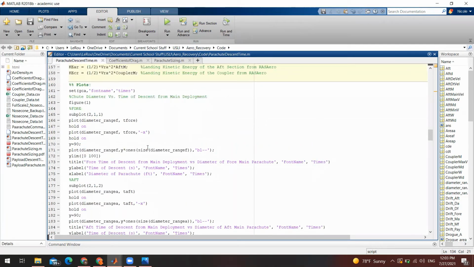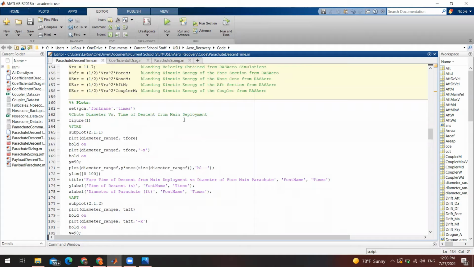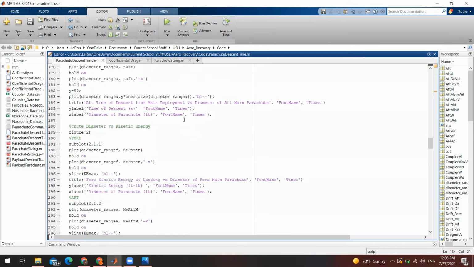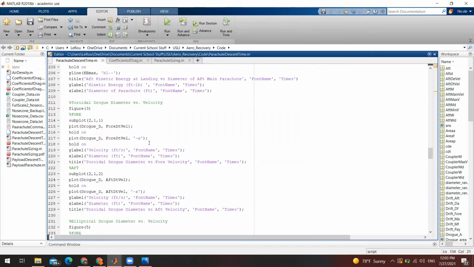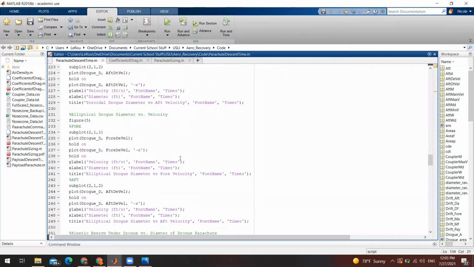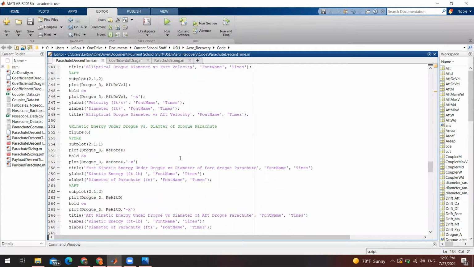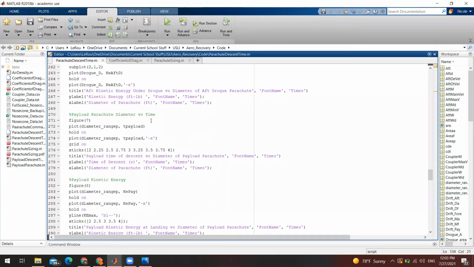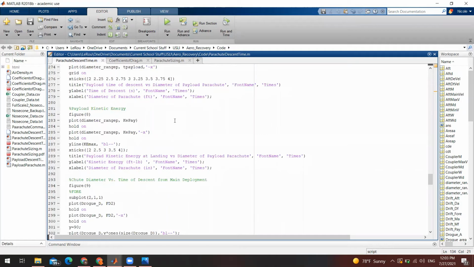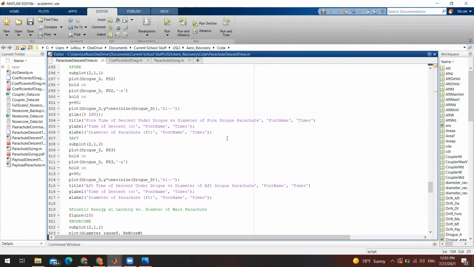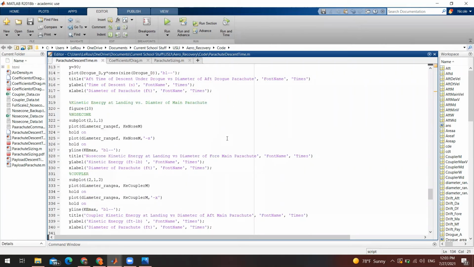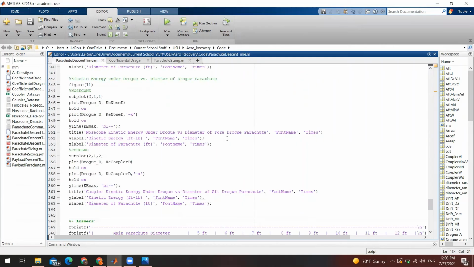So first we have the chute diameter versus the time of descent from main deployment, and the chute diameter versus kinetic energy, the toroidal drogue diameter versus velocity, elliptical drogue diameter versus velocity, kinetic energy under drogue versus diameter of drogue parachute, the payload parachute diameter versus time, the payload kinetic energy, the chute diameter versus time of descent from main deployment, the kinetic energy at landing versus diameter of main parachute, and the kinetic energy under drogue versus diameter of drogue parachute.